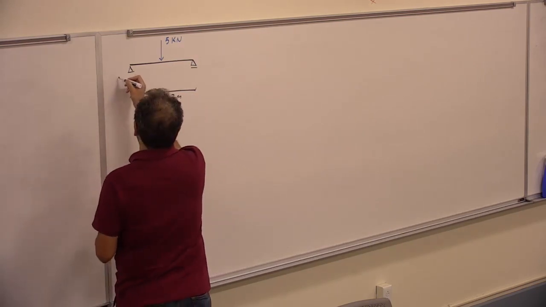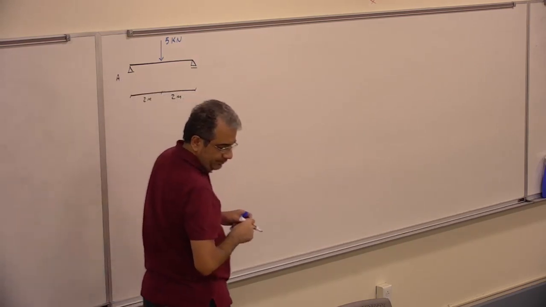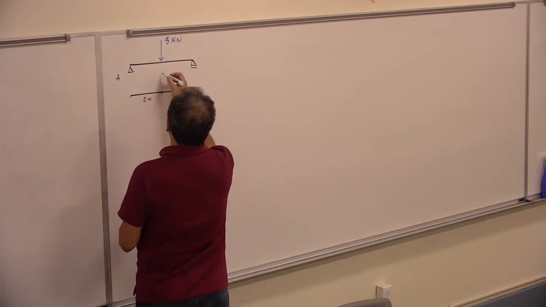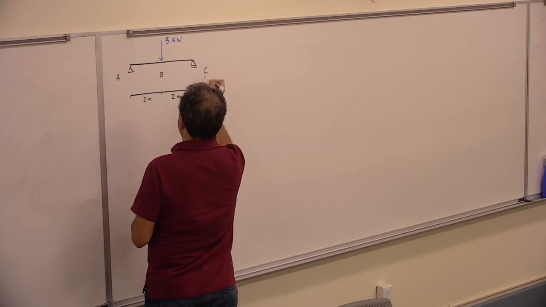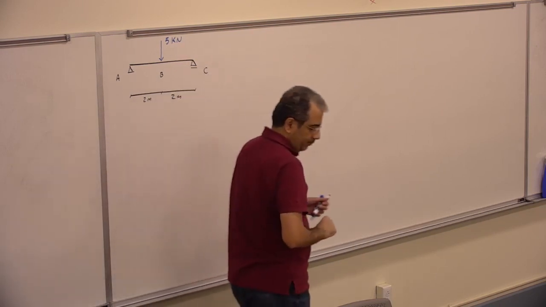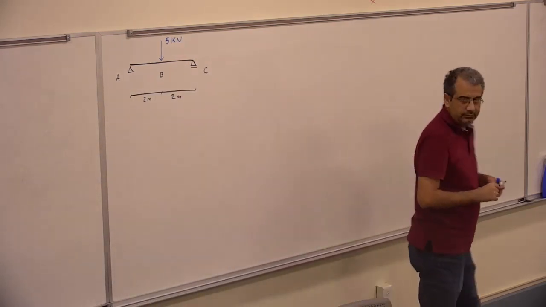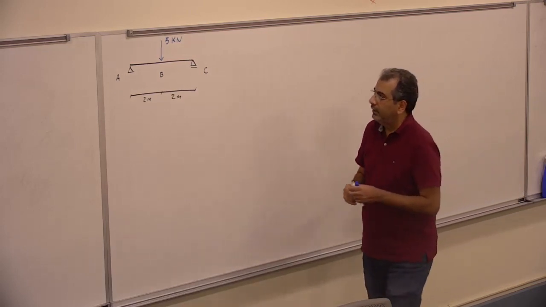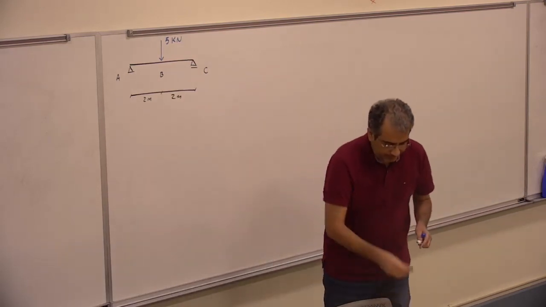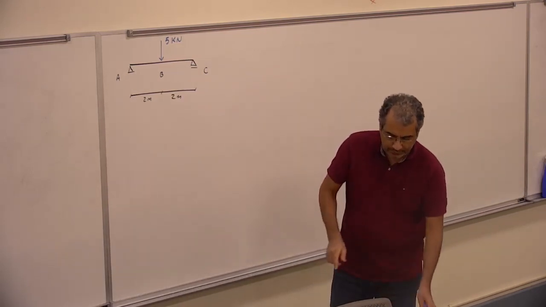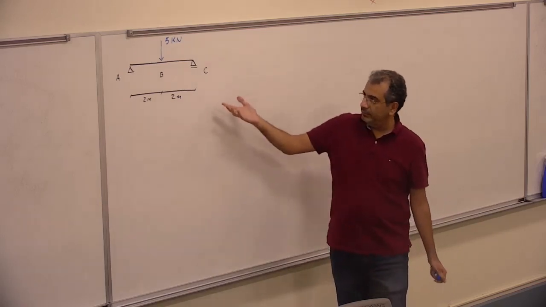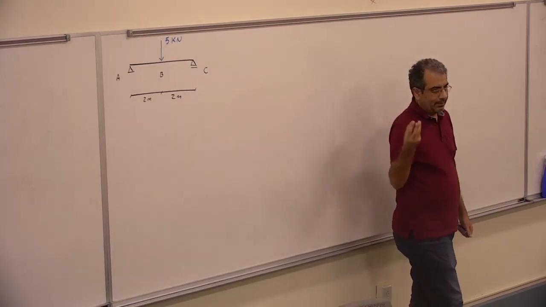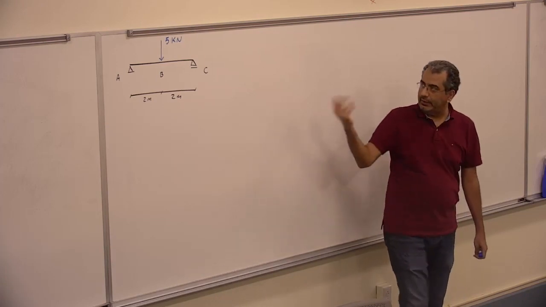So that's A, point B right in the middle, and the point C. I want to find the moment and shear diagram for that.